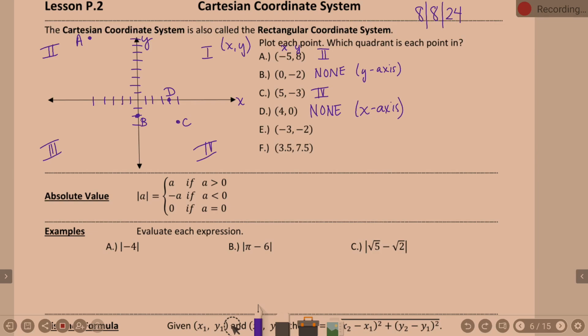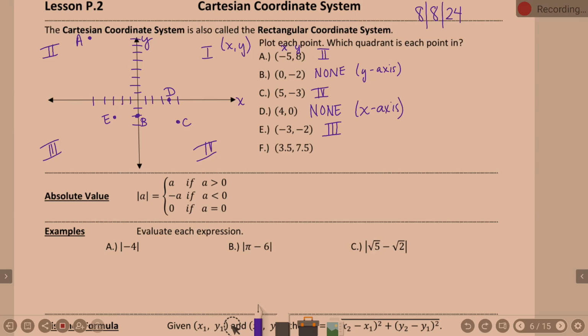Point E, negative 3, negative 2. Where is that going to take us? Left 3, down 2, something like that. And that is in quadrant III.